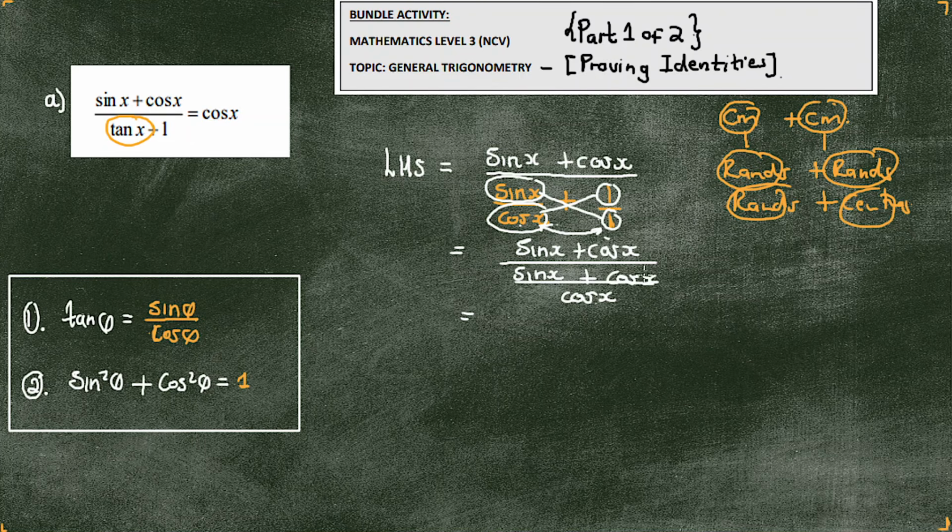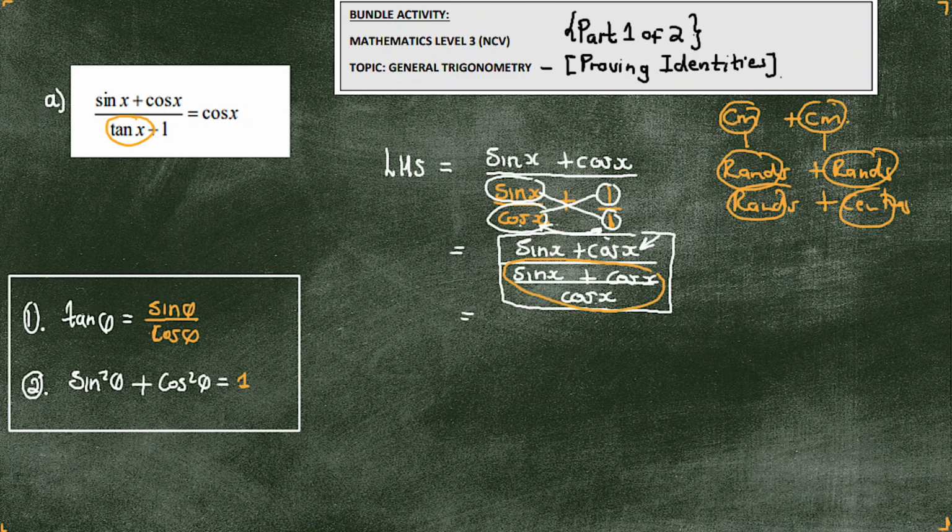Remember, we have to show that the left hand side is equal to the right hand side. So we are now faced with a numerator that is an expression, sine x plus cos x, and a denominator that is a fraction.